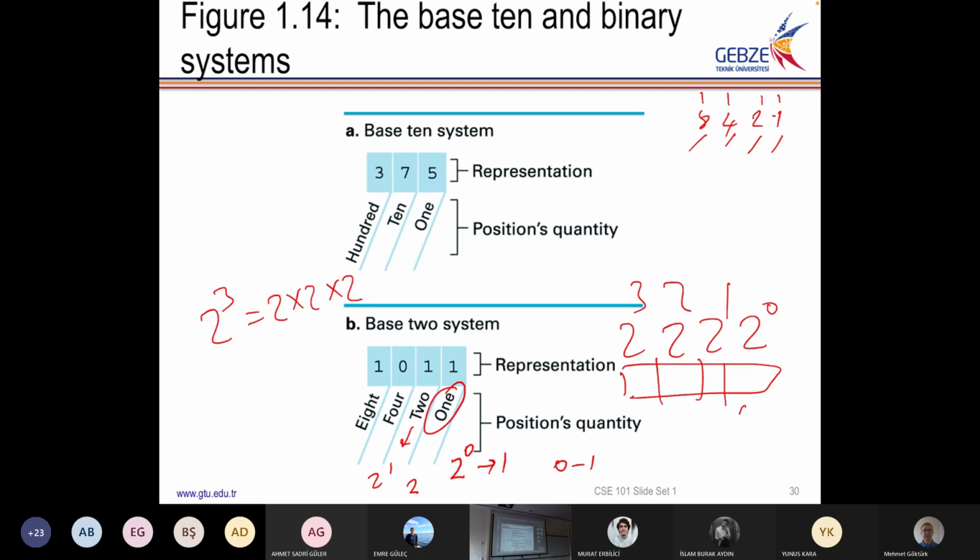So for example, 1001 means, when you have 1001, that means 8 plus 1, which is 9.